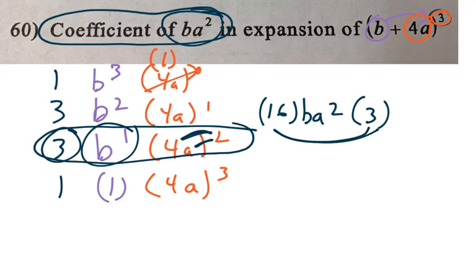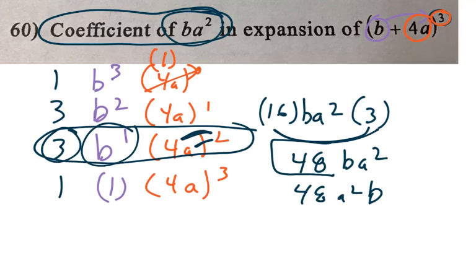So let's put our numbers together. 16 times 3 would be 48. ba squared. Honestly, I would have written it as 48a squared b. But they do mean the same thing. And the only answer they wanted was the 48, right? The coefficient of BA squared. So, pause the video and try number 61 right now.